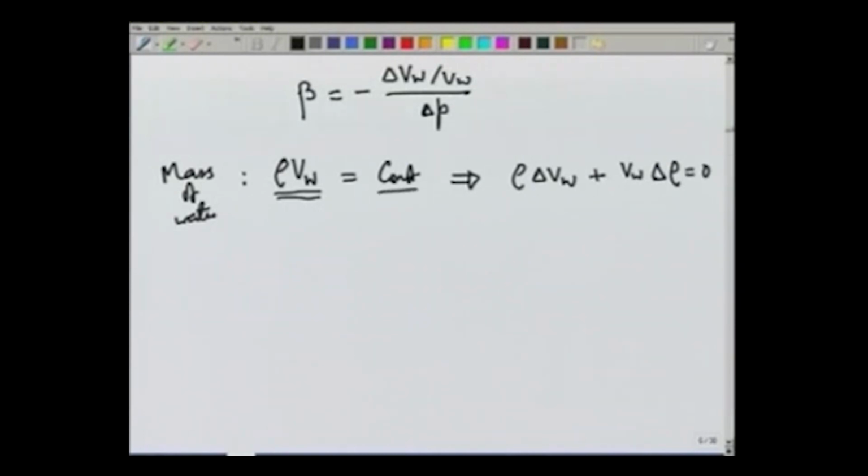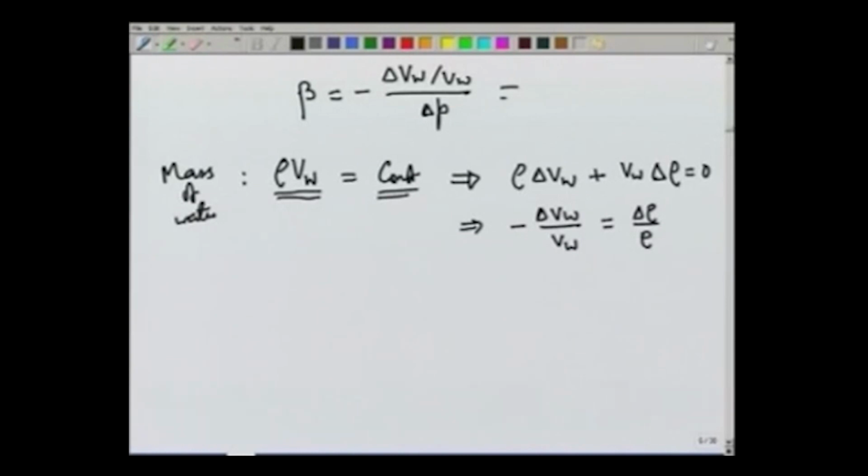If this is not changing, then the sum of these two changes should be equal to 0, and from here we can find that minus delta V w over V w will be equal to delta rho over rho.